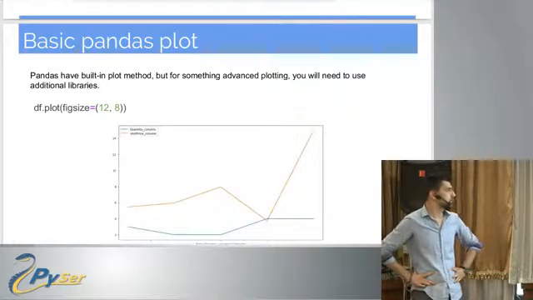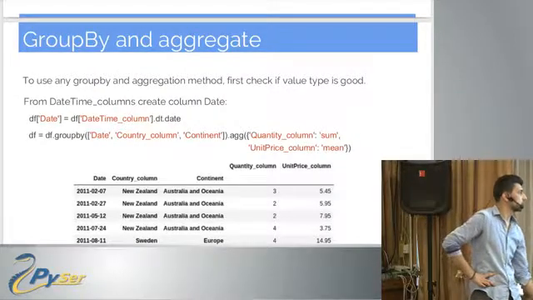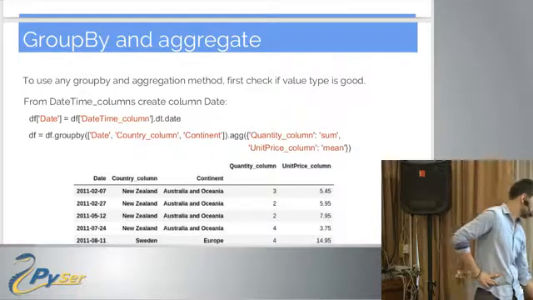In this plot we see how the values of the quantity column and unit price column change through days, through dates shown in the first column.